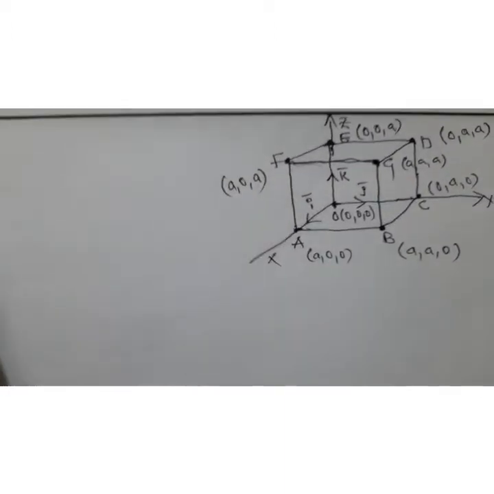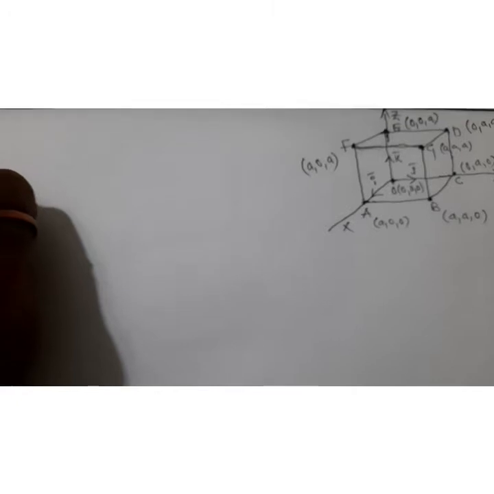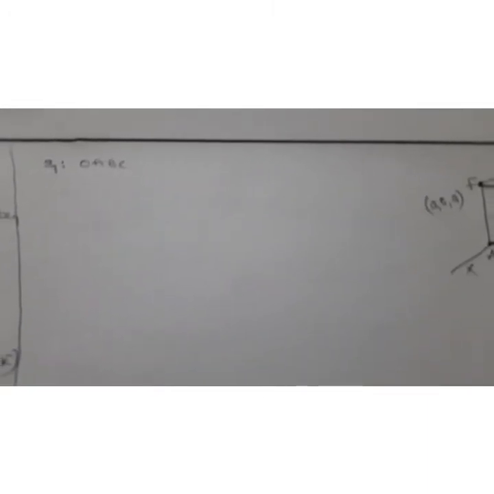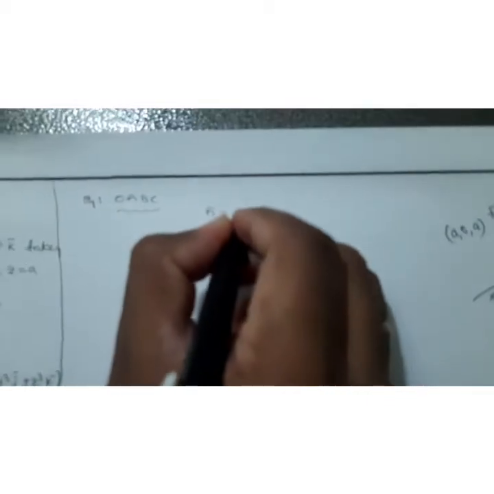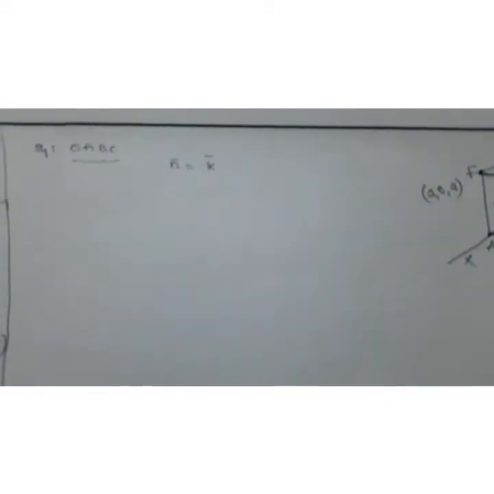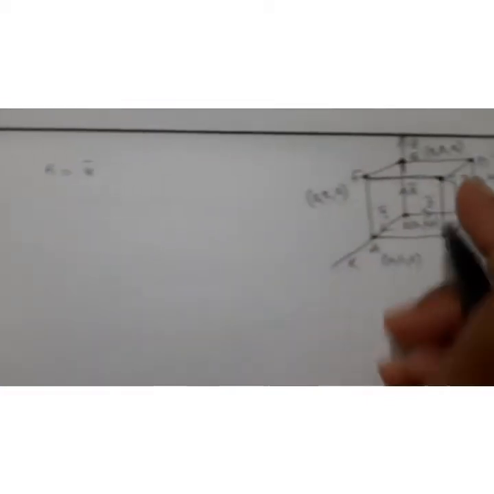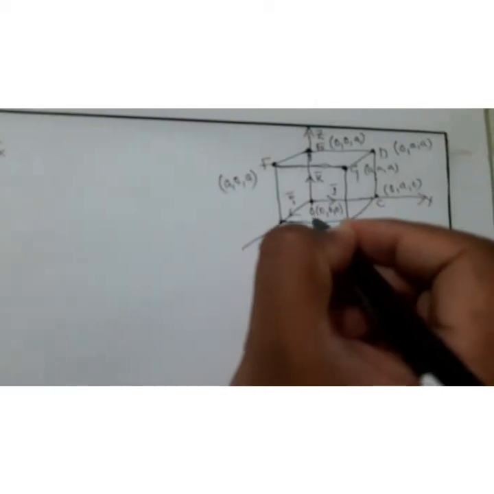The first surface S1 is OABC. For this surface, n bar is equal to minus k bar, exactly opposite to k bar.